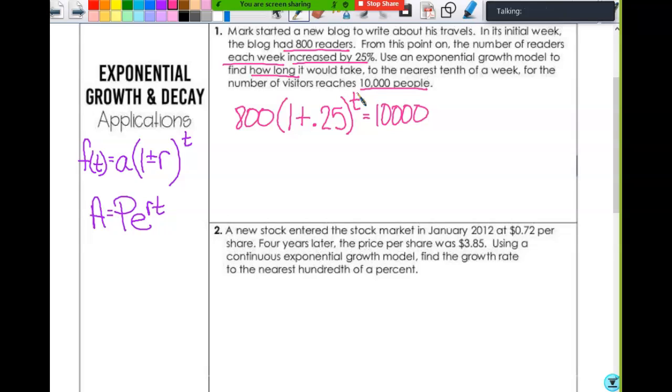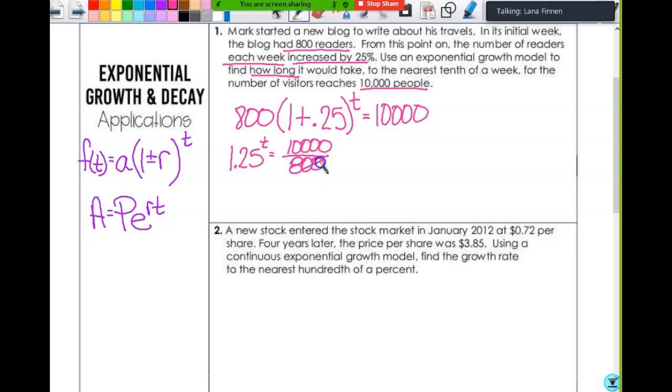Okay. So I'm solving an exponential function. I'm looking for the exponent, so I have to isolate the exponent. I'm going to have to divide both sides by 800. So this is going to give me 1.25 to the t power equals 10,000 divided by 800.